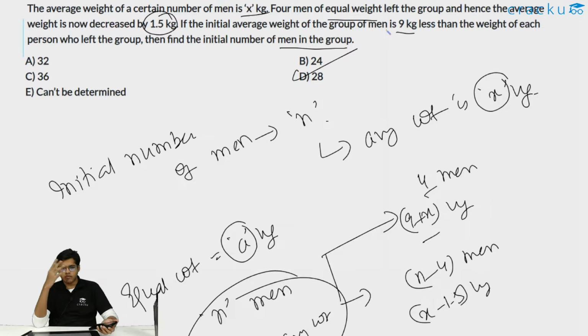After reading VRC, then solving DILR, when you reach quants, at that time you may lack stamina and can't solve the questions. Stamina can be an issue, but if your sectionals are going good, then be sure that your mocks will also go good. It's fine.